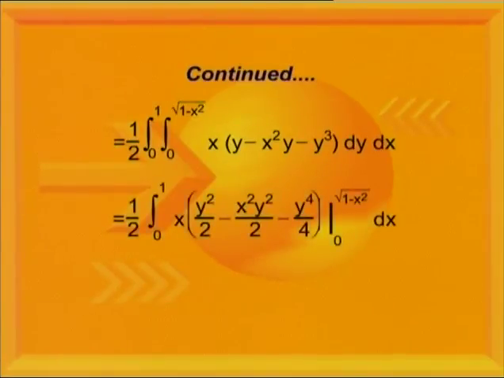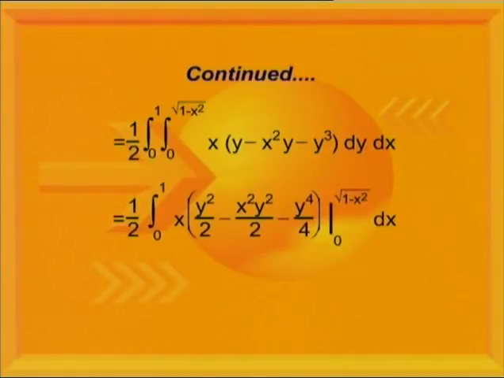Now we integrate this with respect to y, and because x is constant, the integration will be x into y square over 2 minus x square y square divided by 2 minus y4 divided by 4, and the limit for integration will be y is equal to 0 to y is equal to square root of 1 minus x square.